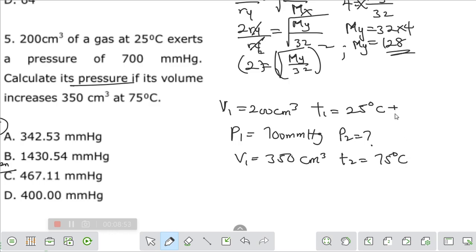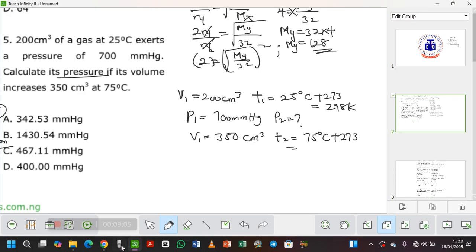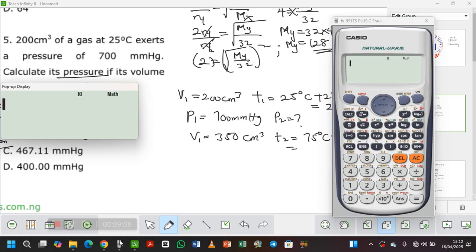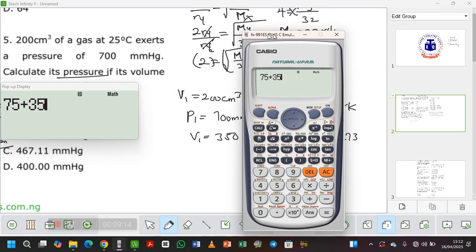So let's add 273 like that. So what do we have now? So that would be 298 Kelvin. So here, add 273. So what are you going to get? Let me bring out my calculator. That will be 75 plus 273.